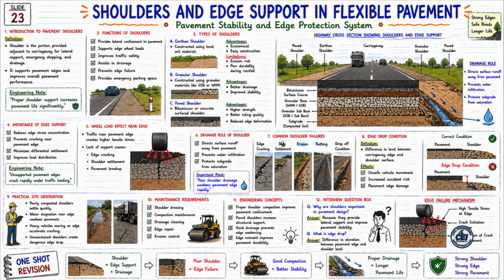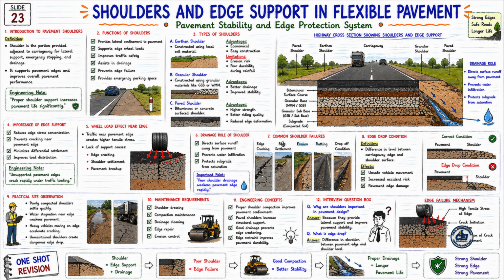Slide 23. Shoulders and edge support in flexible pavement. So friends, till now we have understood pavement structure, overlay design, drainage system, and pavement strengthening concepts in detail. But now we will understand one such component of flexible pavement that many consider a small part, but its role is very critical in practical highway engineering.